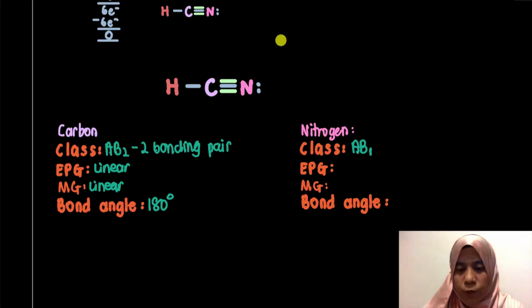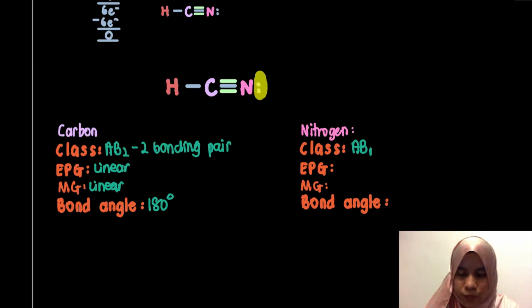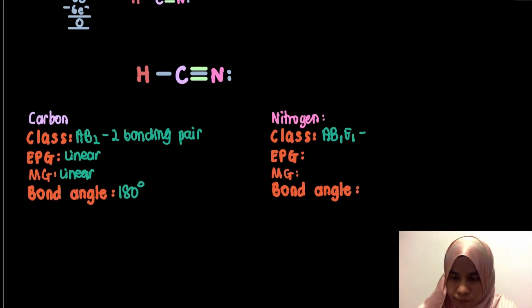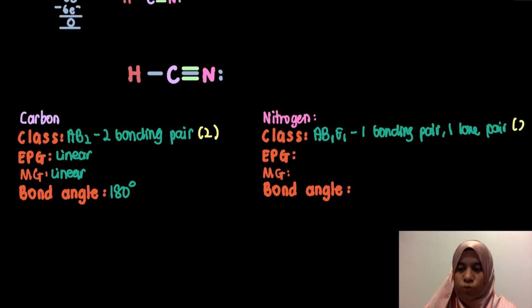Remember that 1 lone pair must have 2 electron. So, here is actually 1 lone pair lah. So, AB1E1. So, how about the electron pair geometry dengan molecular geometry ni? Okay, kat sini total dia, 1 bonding pair, 1 lone pair, total dia is actually 2. So, kalau 2, kita punya EPG is actually linear.